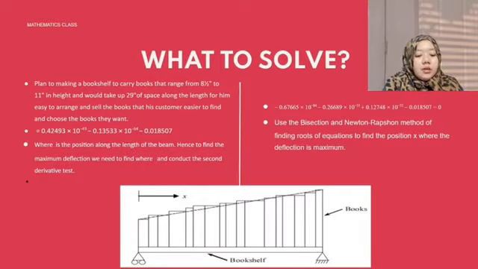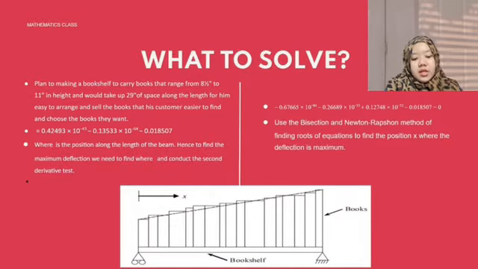The vertical deflection can be computed with this equation, where x is the position along the length of the beam. Hence, to find the maximum deflection, we need to find where the first derivative is zero and conduct the second derivative test. As you can see, this is the bookshelf and x is the position along the length of the beam.